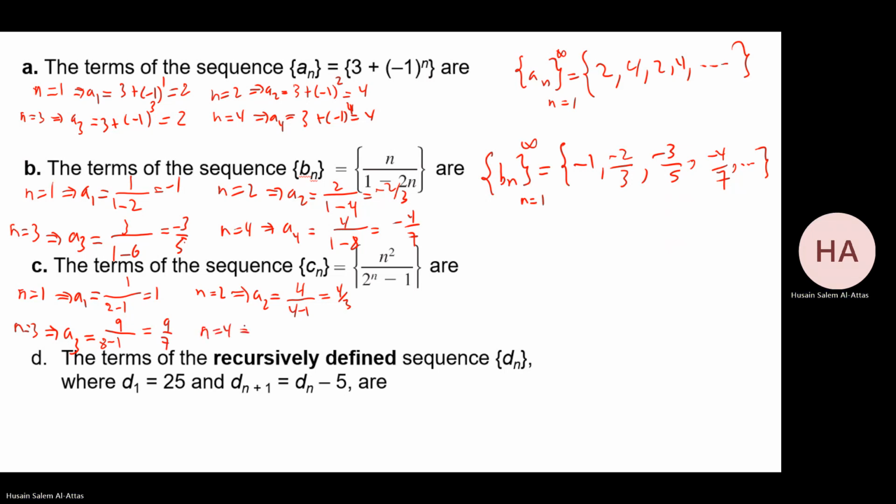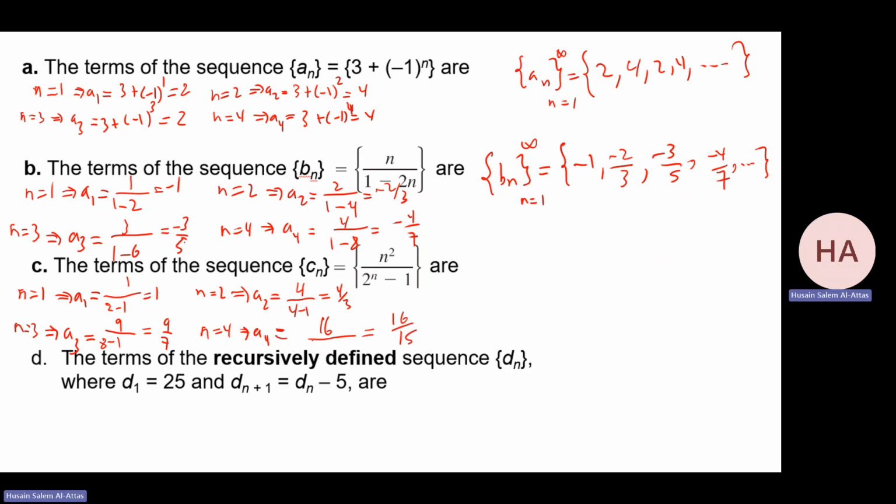N equals 4. What will be a4? That will be 16 over 2 to the power 4. 2 to the power 4 is 16, minus 1, that will be 15. That will be 16 over 15.